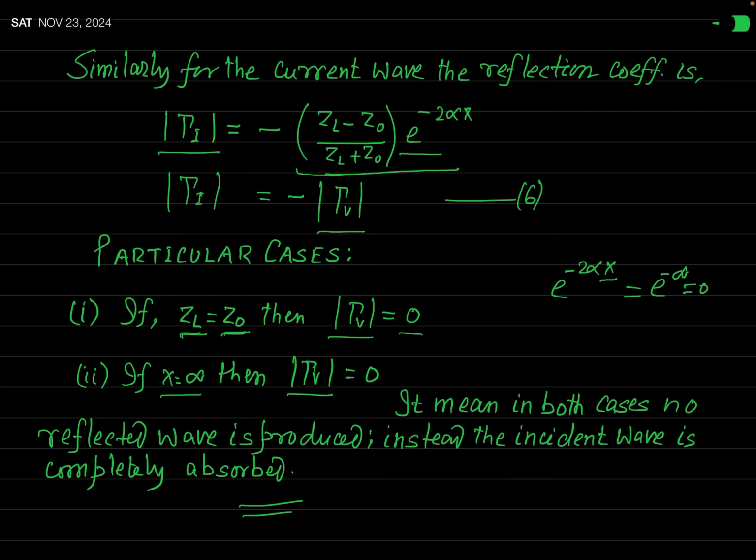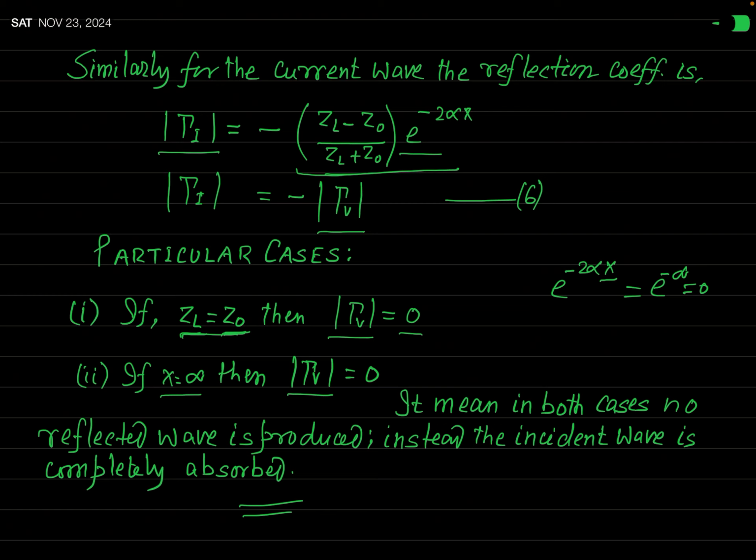And therefore, this gamma V will again be 0. So this reflection coefficient is 0 in two conditions. First condition is what? When the load impedance and the characteristic impedance are equal, then there will be no reflected wave. Reflection coefficient is 0, it means there is no reflected wave.